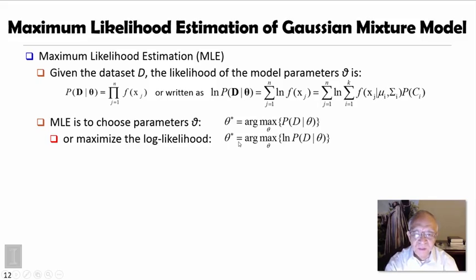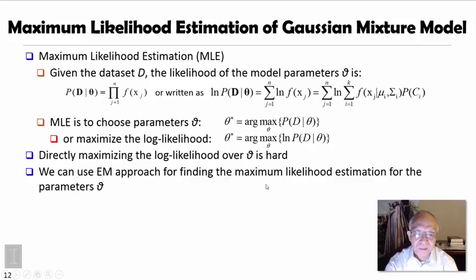That means we want to find a set of parameters theta such that the log of the probability of generating the data set D under the parameter theta is maximized. However, directly maximizing this log likelihood over theta is hard and very expensive. So we can use the EM approach to find the maximum likelihood estimation for the parameter theta.